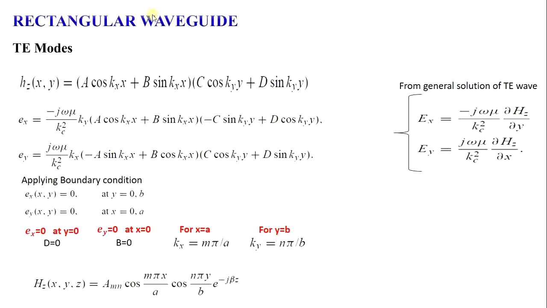Into cos kx of x, we know kx is m pi by a, so we have put this as cos m pi x divided by a into cos ky of y, where ky is n pi by b, so we have put that over here. We got cos n pi y by b into e raised to minus j beta z.